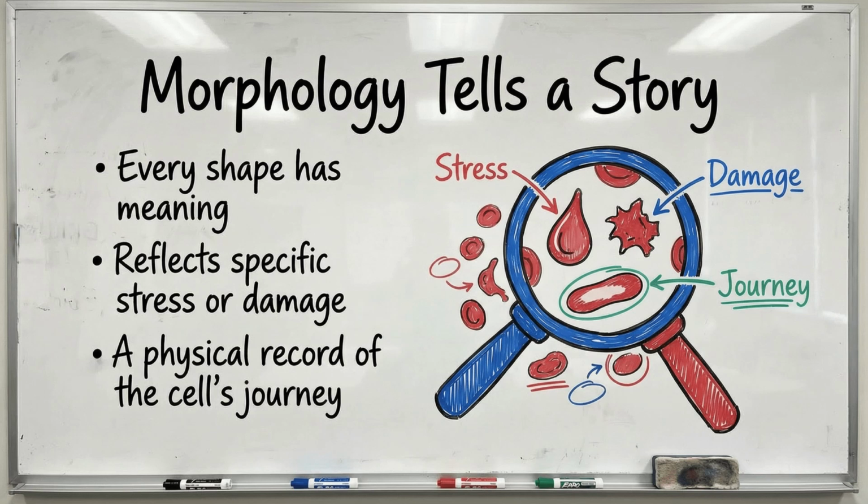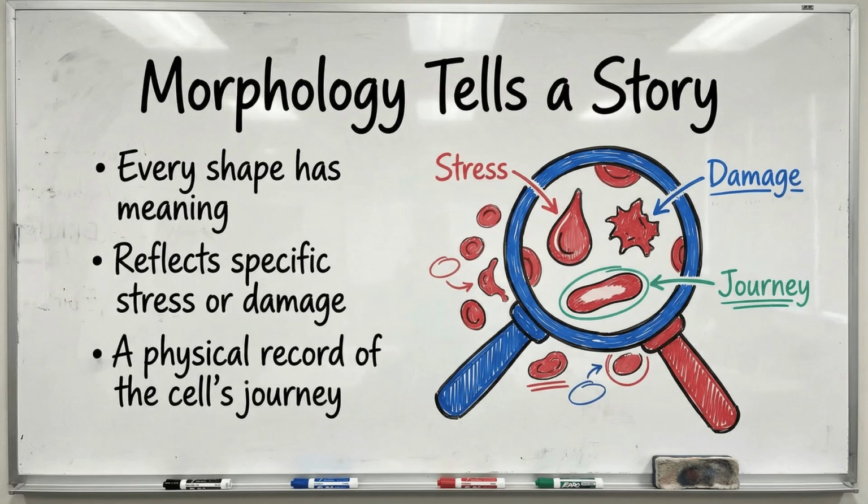We've covered a lot of ground today, and I want to reiterate a point that can't be stressed enough. Red blood cell morphology is never random. Every single abnormal shape you encounter on a peripheral blood smear is a physical record, a fingerprint of the stress or damage that cell has endured.